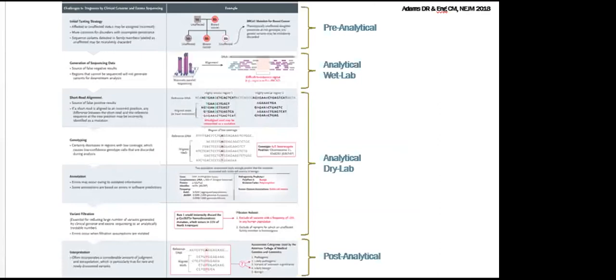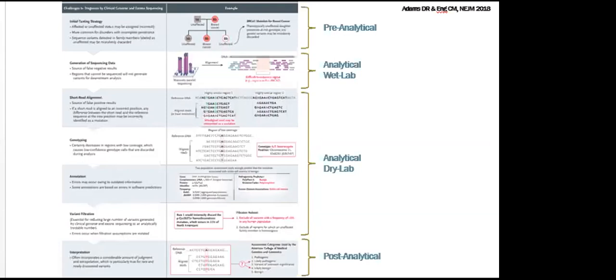Now let's look at the different challenges in the various steps. First and foremost, we have the pre-analytical phase. This is the initial testing phase. Challenges that come with this phase: affected status may be assigned incorrectly. Sequence variants detected in family members may mistakenly be labeled as unaffected.